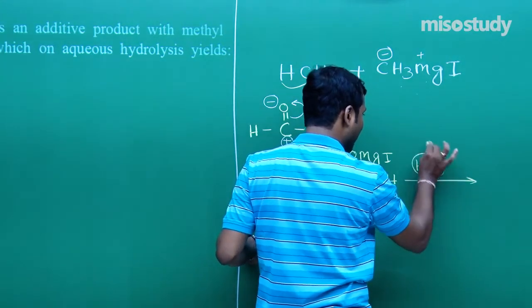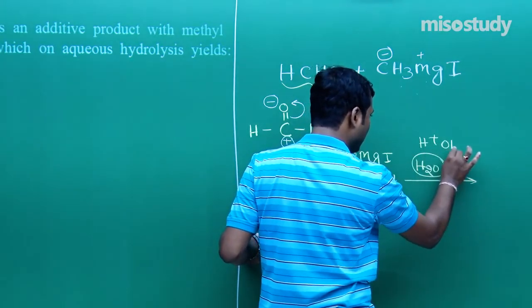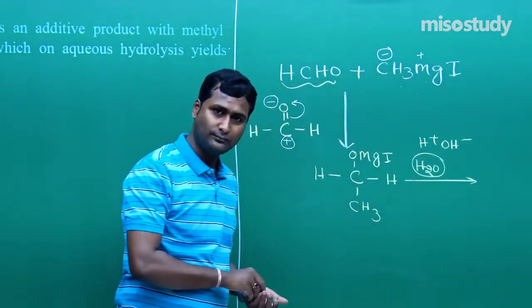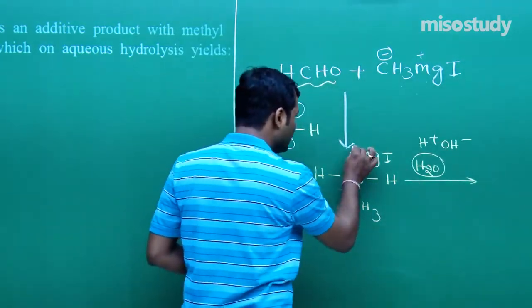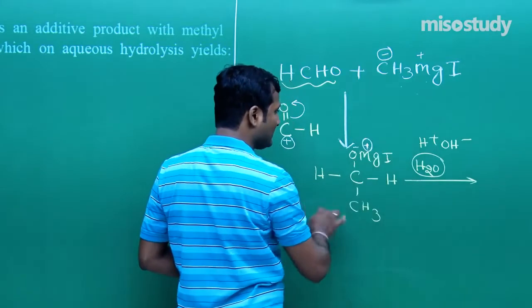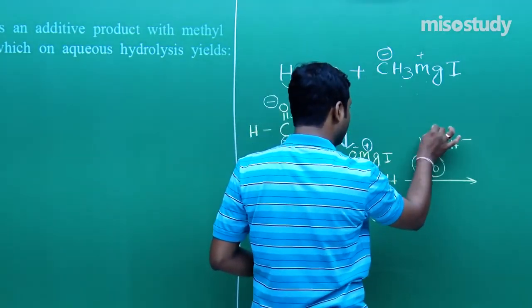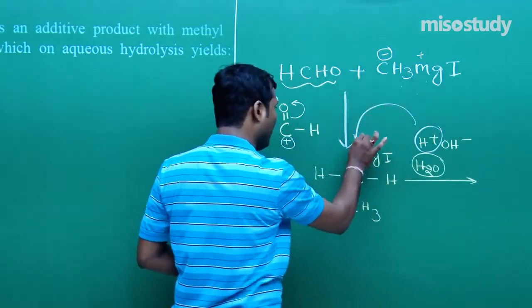Now on hydrolysis, that is H2O, as we know it will break like this, H plus and OH minus. This one is minus and this one is plus, so this OH plus will move towards O minus.